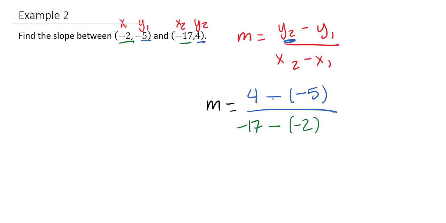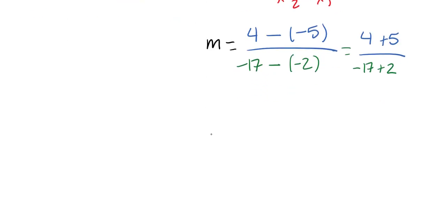So what does that really mean? We have a minus -5, so that's really going to change into 4 plus 5, because two negative signs make a positive. Then on the bottom we have -17 minus -2, so that's just plus 2. Now if we solve this, m is equal to 4 plus 5, which is 9, over -17 plus 2, which is -15.